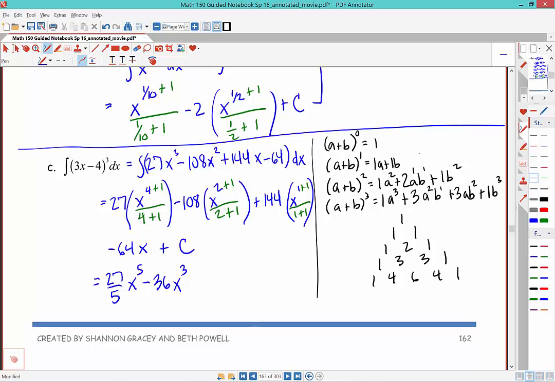And then what? Good, we'll have plus 170, or no, plus 72 x squared, minus 64 x's plus our constant of integration, and we're all done.